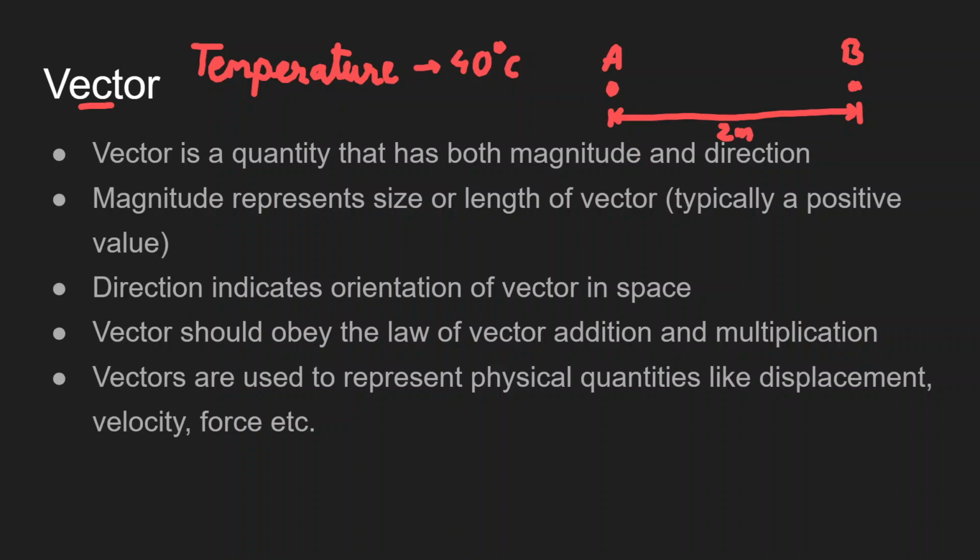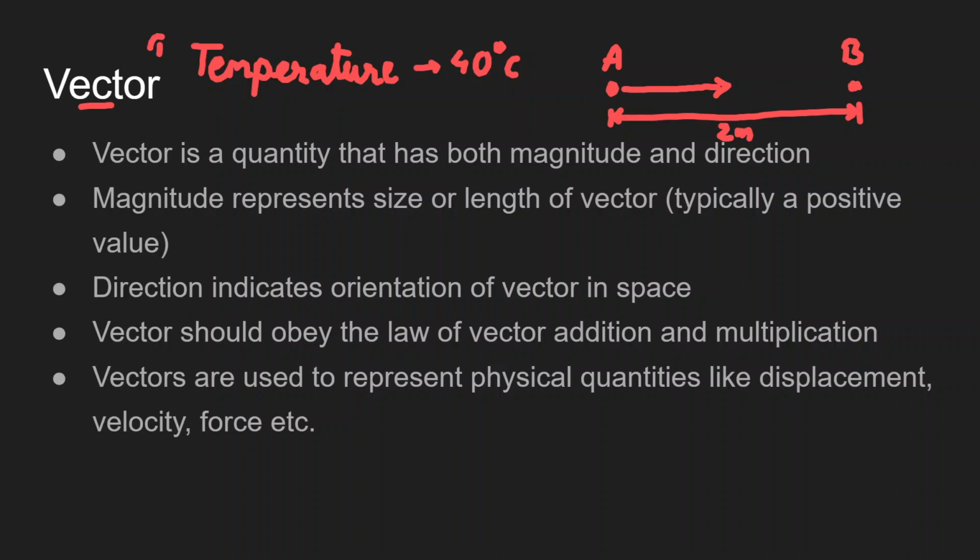Now there is a person sitting at point A and at point B. The person sitting at point A wants to displace an object to the person sitting at point B. So this is the direction in which he will displace or push the object so that it will reach B.